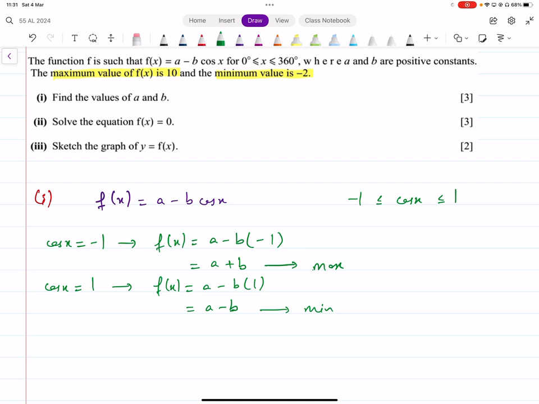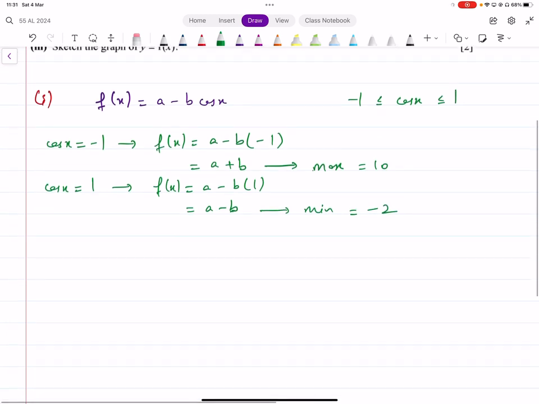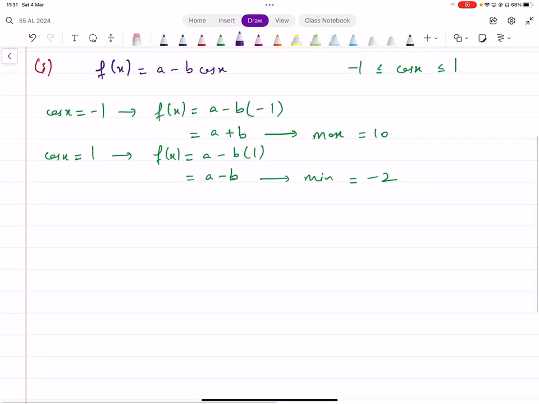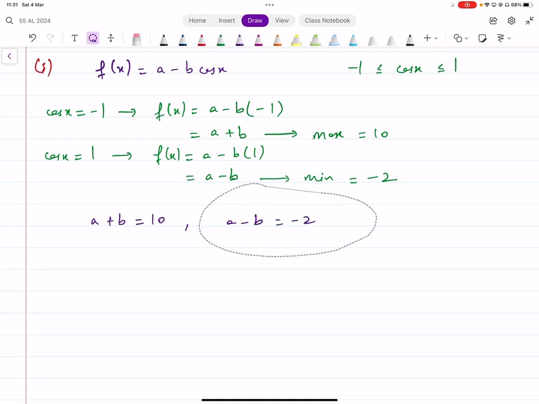Is that okay? Now we are given in the question that the maximum value is actually what? It's 10. And the minimum value is -2. We get two equations from this. We can say a plus b should equal 10 and a minus b should equal -2. Now you just have to solve them simultaneously.